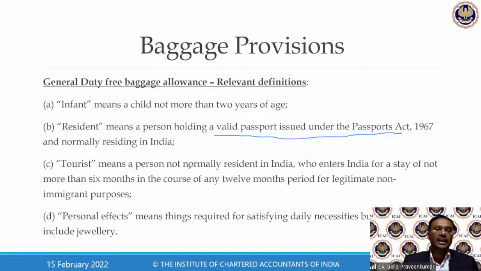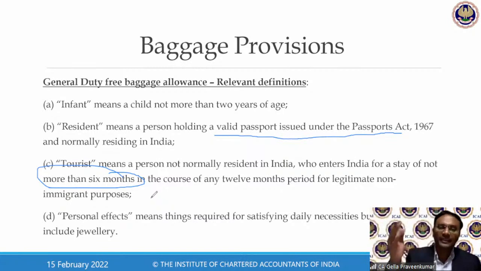Tourist, a person not normally resident in India, enters India for a stay of not more than 6 months. Examination, this is one tested. Mr. A, who happens to be a citizen of Turkey, visits India for a project for a period of 8 months. If he is coming for 8 months, he will not be called a tourist.